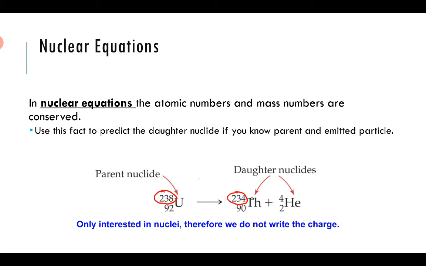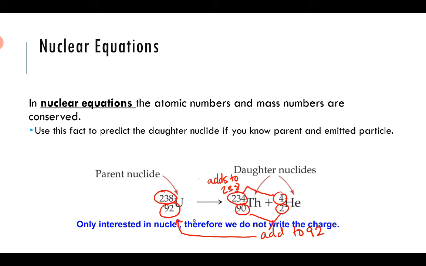And then if we add these together, we can see that that adds to 238. Also, the atomic numbers are conserved. So if we look at the atomic numbers, these add to 92, which is the same as over there.